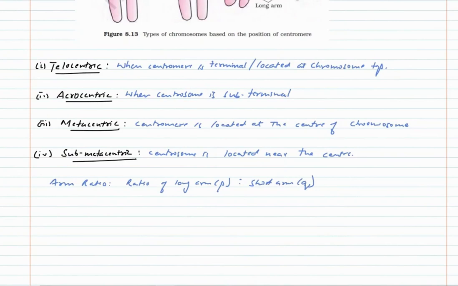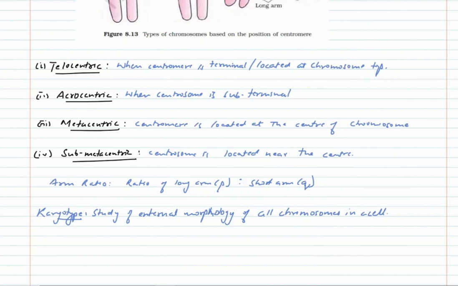Now karyotype. Karyotype refers to study of external morphology of all the chromosomes in a cell, which is specific for each species of living organisms. Karyotype, it is generally studied in metaphase.